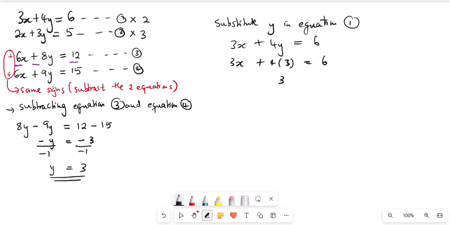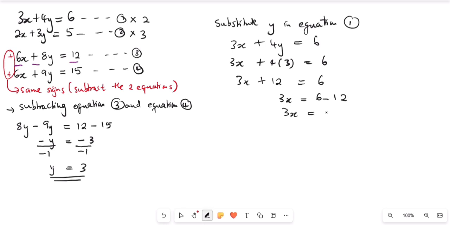So I have 3x plus 12 equals 6. So I have 3x equals 6 minus 12. Then 3x is equal to minus 6. Divide by 3, divide by 3. So x equals negative 2.